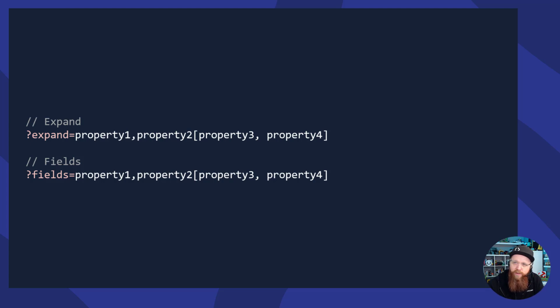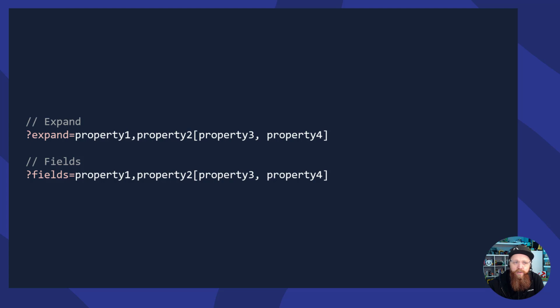This uses square brackets, and what this allows you to do really is go multiple levels deep in your expansion. So if you have an object in an object in an object, if they're just references, then rather than just getting the IDs back, we can say actually expand in a recursive way the properties that we want to pull back. So again, it just gives you the power to control what data is being returned.